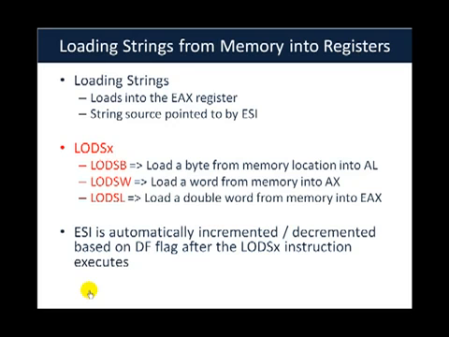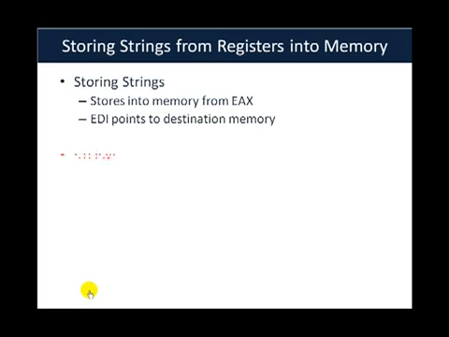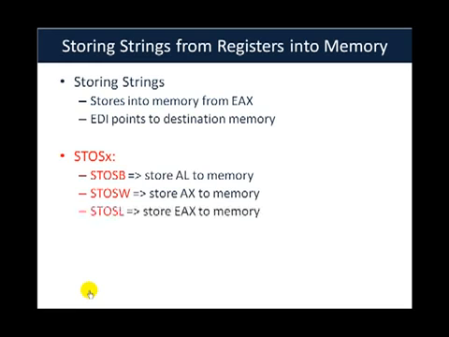So similarly, loading strings from memory into registers, I guess there has to be a way to store strings from registers to memory. And this is where actually the STOSX series of instructions come in. So basically, once again, anything which you want to store into memory using the STOSX series of instructions has to be inside the EAX register.